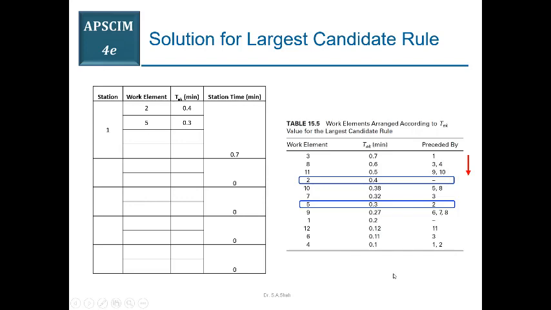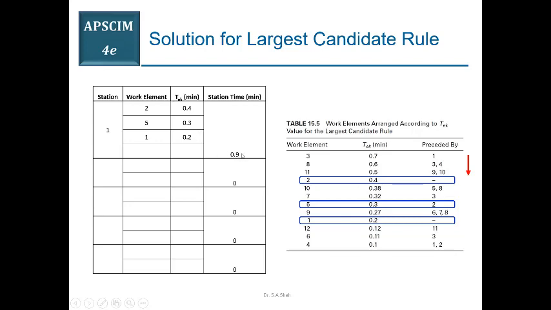So my next selection for station number 1 will be this one. Work element number 1, its operation time is 0.2, and the total time for which this station will be busy is now 0.9 minutes. 0.4 plus 0.3 plus 0.2 is 0.9.